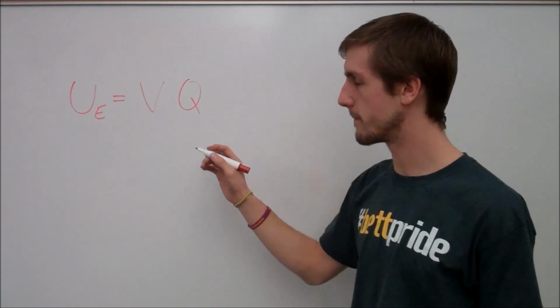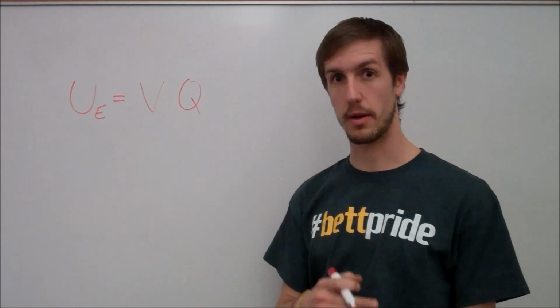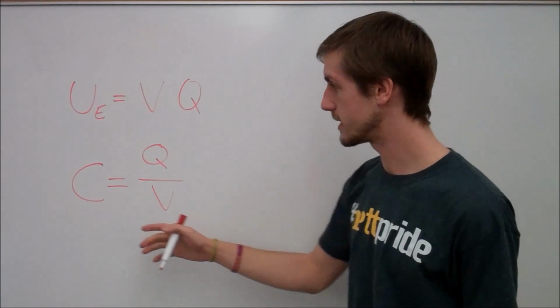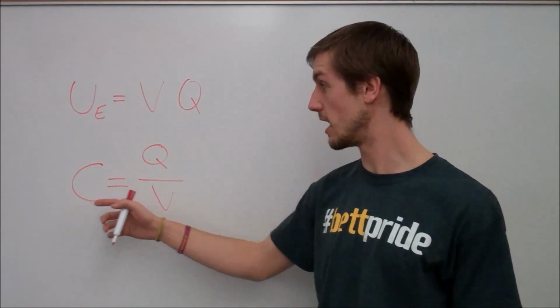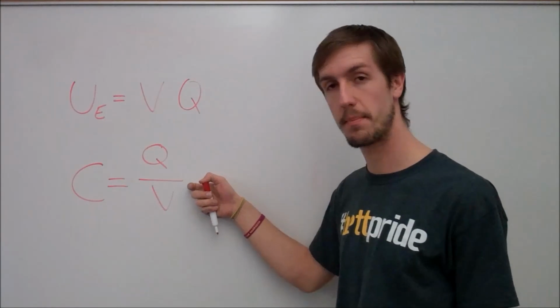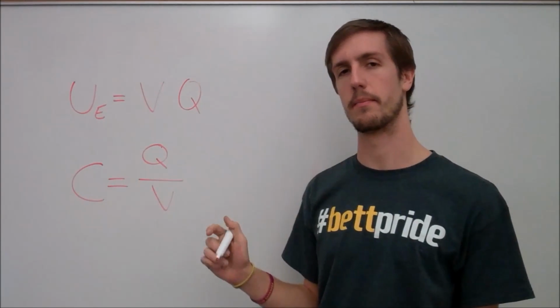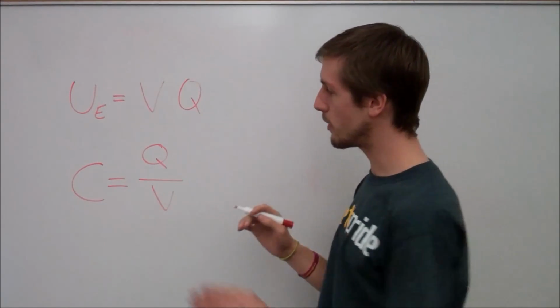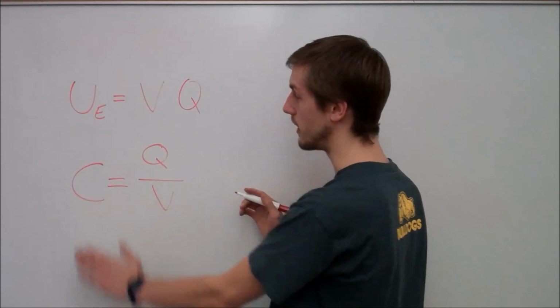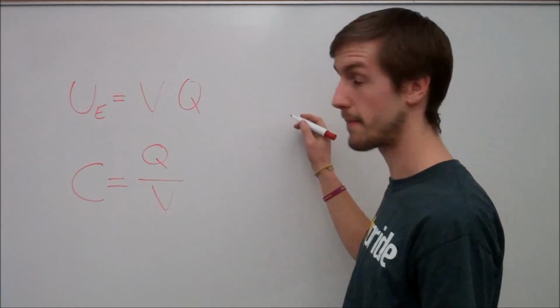The second formula that I need to know is the formula for capacitance, where capacitance is the same as my total charge on my plate divided by the voltage difference between them. So, if I were to graph Q over V, I should get a linear fit. So let's do that.